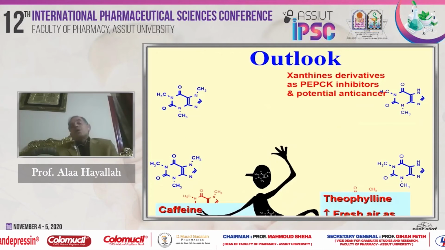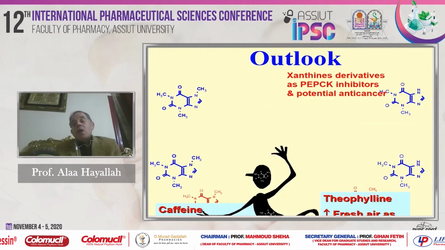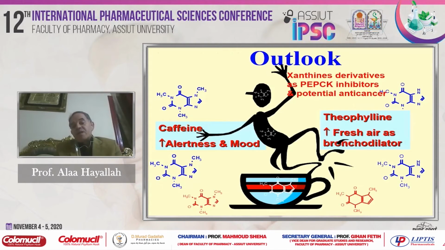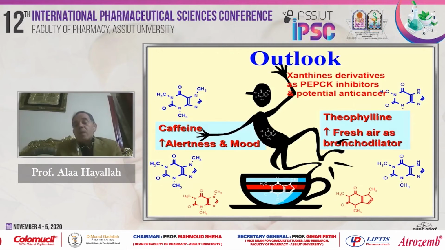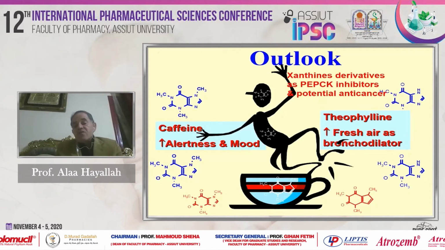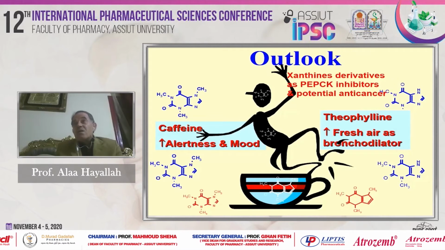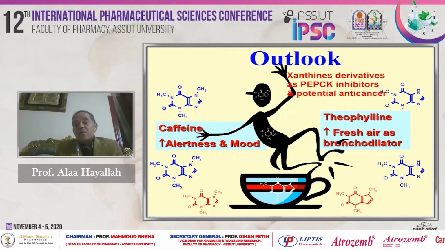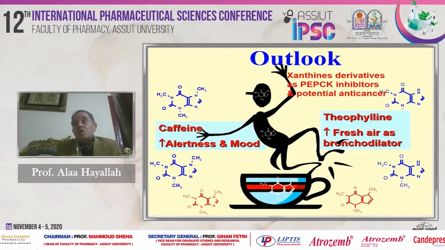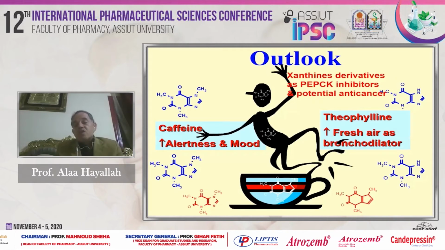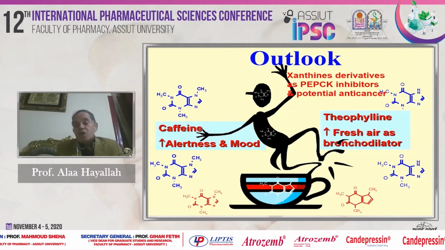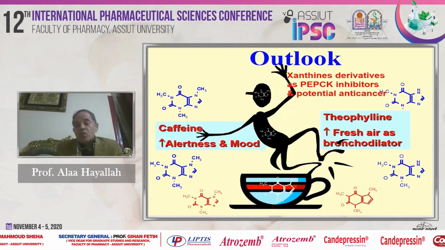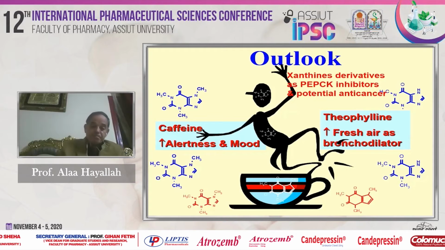Outlook: our current project is xanthine derivatives as PI3K inhibitors as potential anti-cancer agents. We published on xanthine derivatives as potential anti-cancer agents last year 2 papers in Bioorganic Chemistry, and this year 2 papers in Bioorganic Chemistry, and we now have 2 papers in progress, one for European Journal of Medicinal Chemistry and one for Bioorganic.